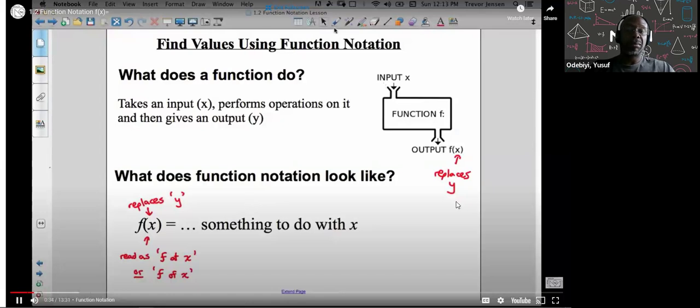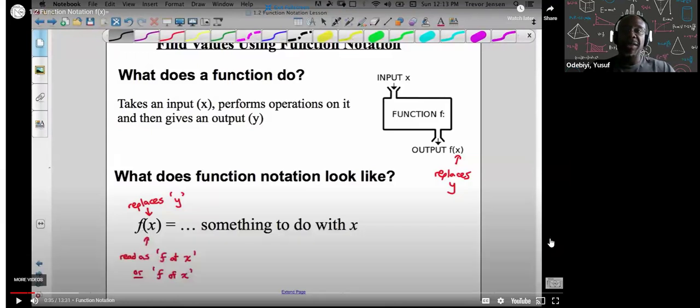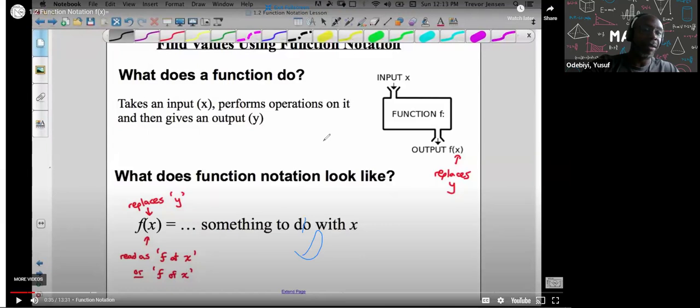Okay, so when you look at function notation, what it means is, instead of in the past, we would always say y is equal to, I'll do a line equation.